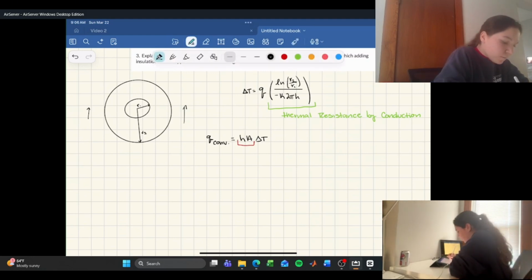So the change in temperature is equal to the heat flux by convection, I'll just specify it, times 1 over the heat transfer coefficient times the surface area. And this part here represents the thermal resistance by convection.